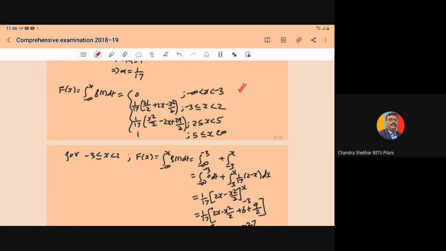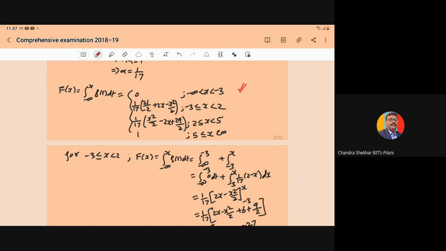So we know that if x is less than minus 3, the integrand is 0, so capital F(x) will be 0. For the range of x from minus 3 to 2, F(x) will be, by the basic formula, the integral from minus infinity to x of f(t) dt, which can be written as the integral from minus infinity to minus 3 plus the integral from minus 3 to x.